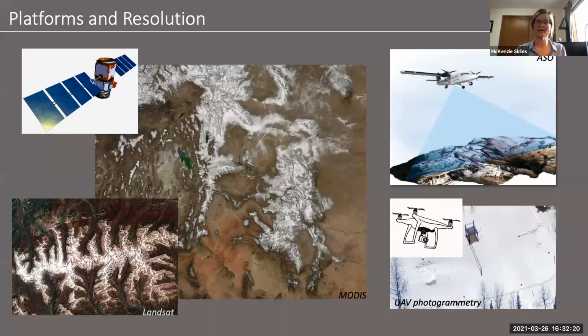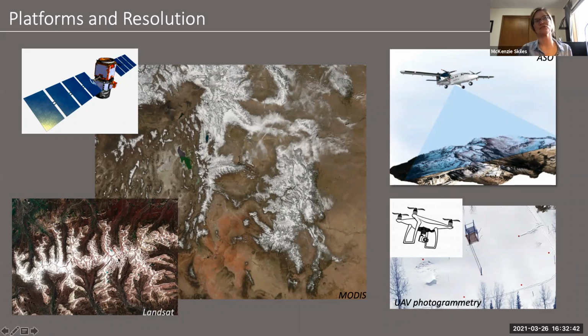But, like I said before, there's trade-offs between spectral, spatial, and temporal resolution. So MODIS is daily temporal resolution, but relatively coarse 500-meter spatial resolution. So that's really ideal for regional scale monitoring of snow.